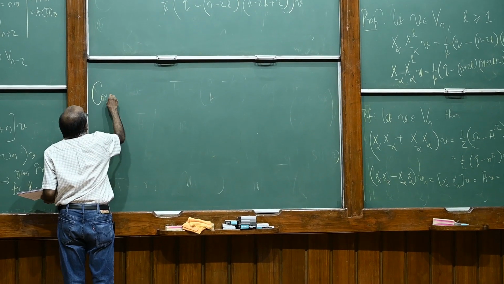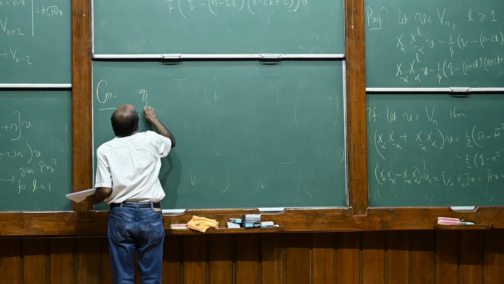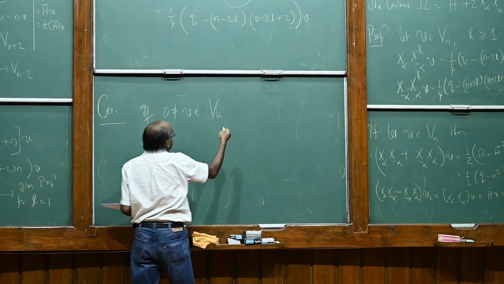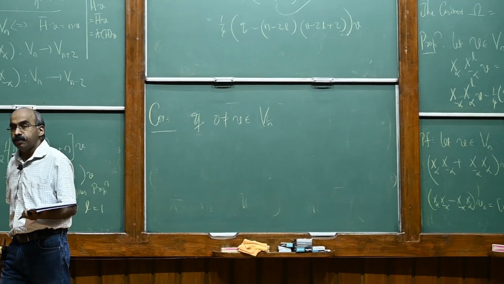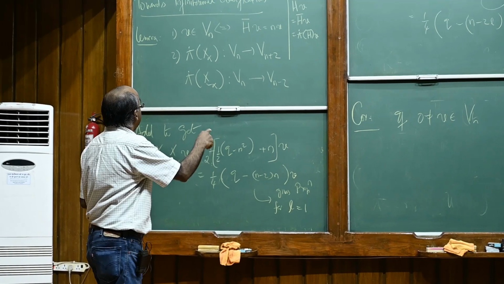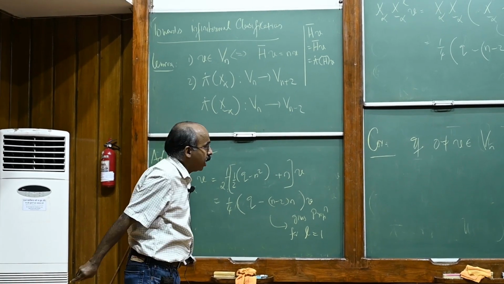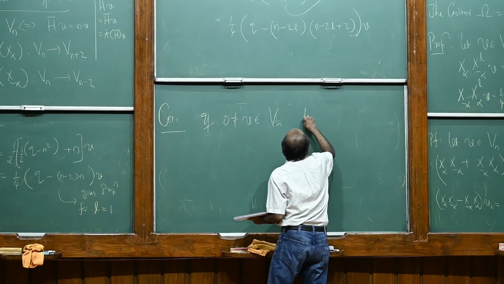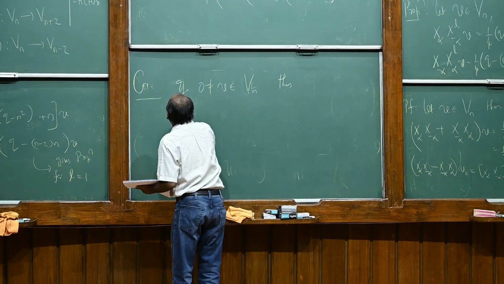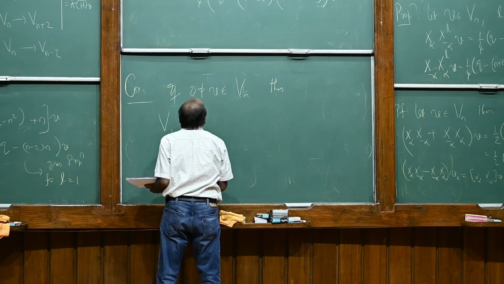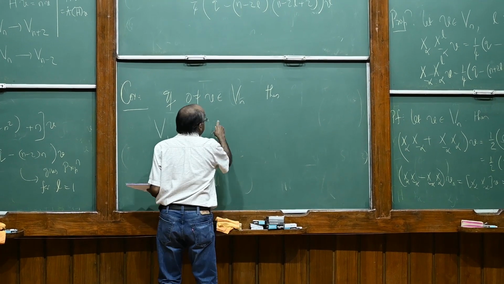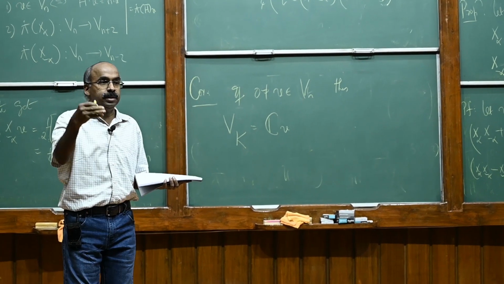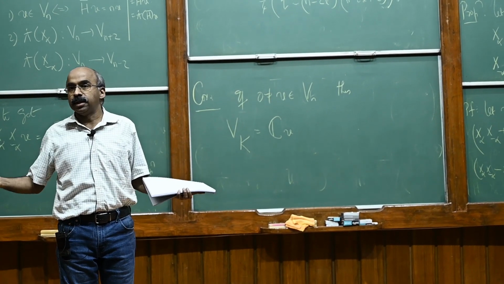Corollary: if I take a non-zero vector in Vn for some n, I can look at these propositions and write down the K-finite vectors, right? So then V sub k is the span of the vector v. Then you keep applying these x alphas and similarly x minus alphas, take the span, right?